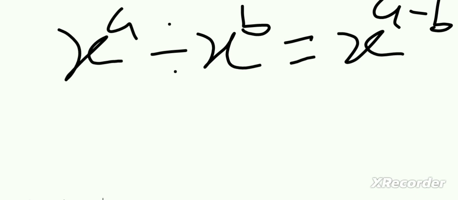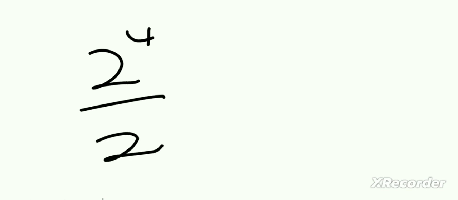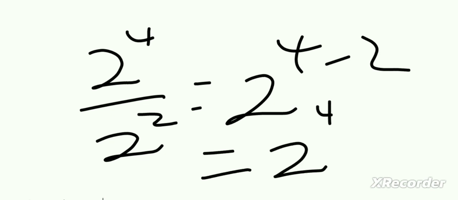This is also the case if you are given x raised to the power a over x raised to the power b. It applies the same way. For example, if you are given 2 raised to the power 4 over 2 raised to the power 2, this gives us 2 to the power of 4 minus 2, and that gives you 2 raised to the power 2.